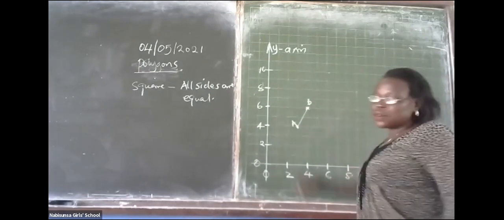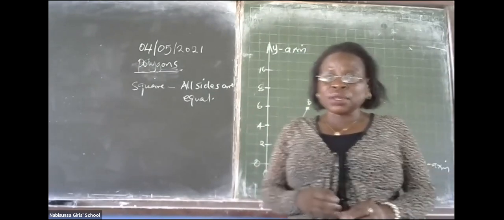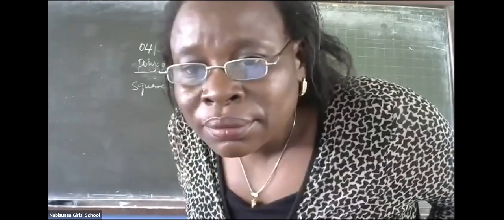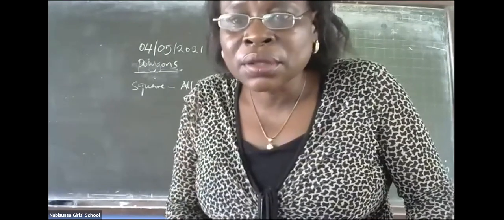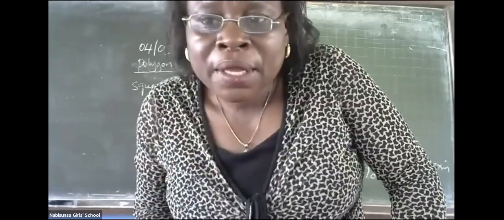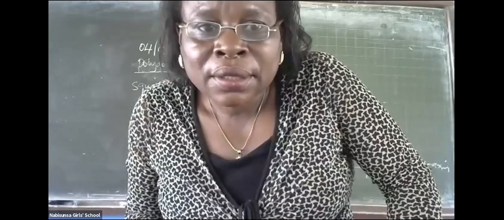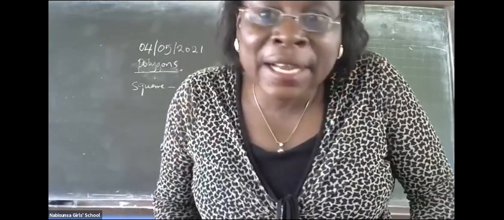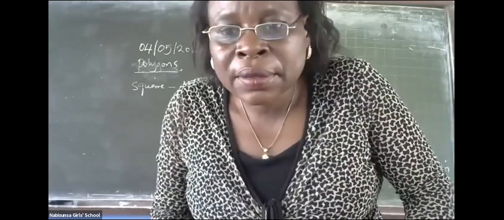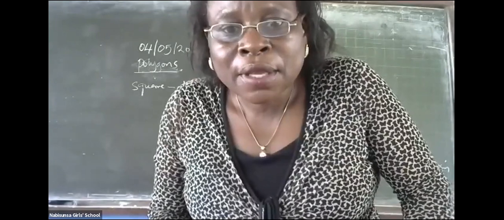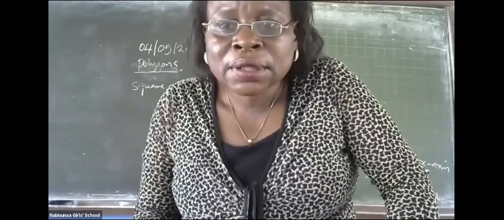We are given one side of the square. We are supposed to find the other 3 sides of this square. But we need to know. It has all the corners equal. All the angles are equal. It has 4 right angles. It has equal sides.